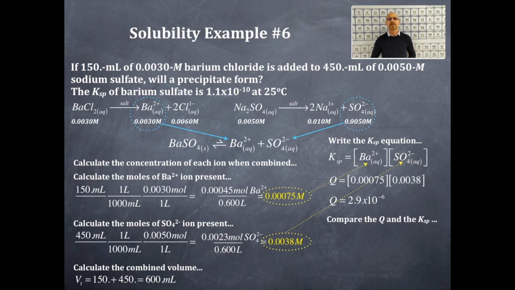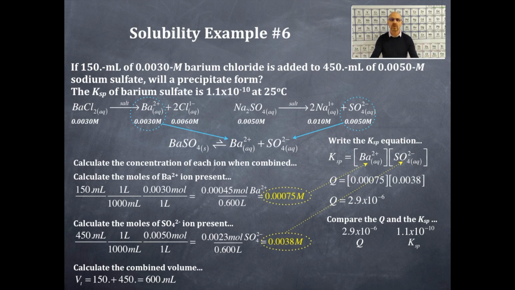So my Q is 2.9 times 10 to the negative 6. I calculated that. My KSP is a tabled value that you look up, and that is 1.1 times 10 to the negative 10. From looking at the previous lecture presentation, you know that we're going to compare these values.